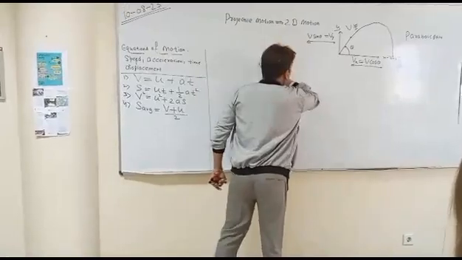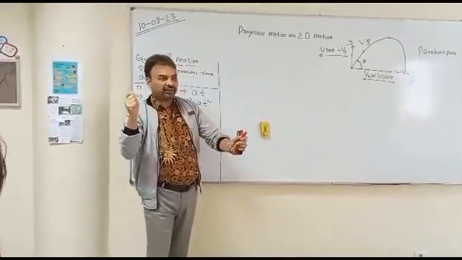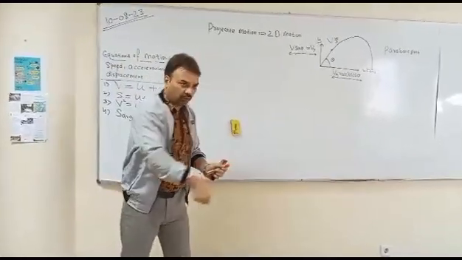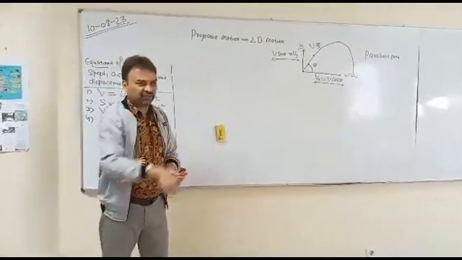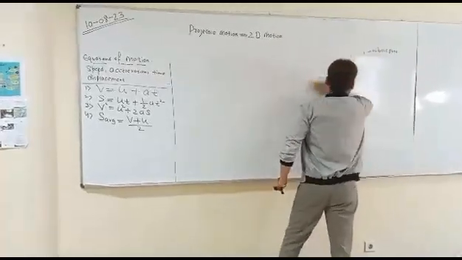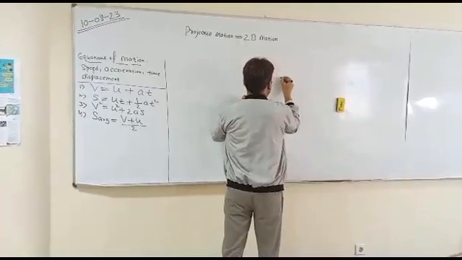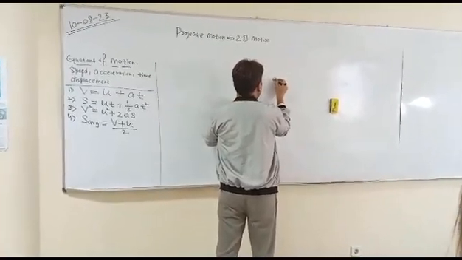First I give you a question. Suppose we have a tennis player who strikes a tennis ball. The situation is like this: the tennis player, and this is a tennis ball.